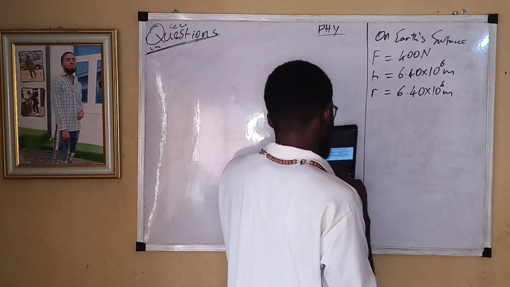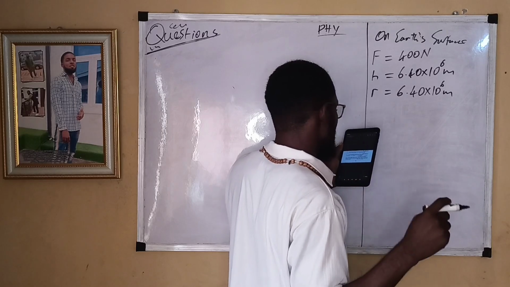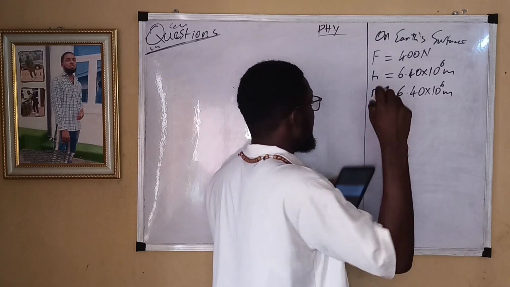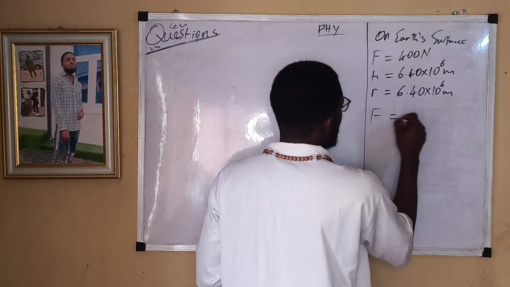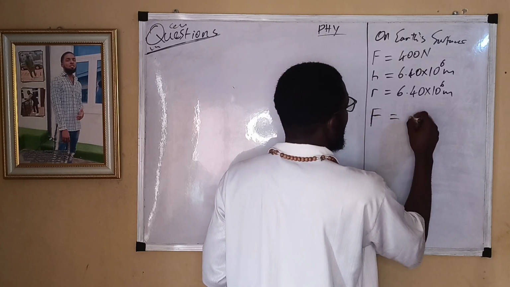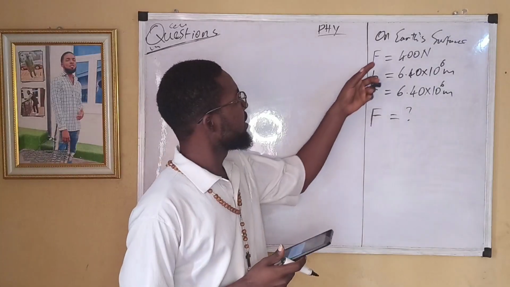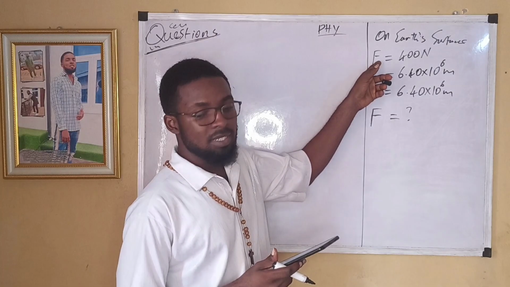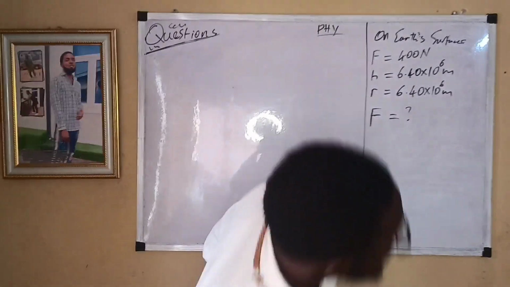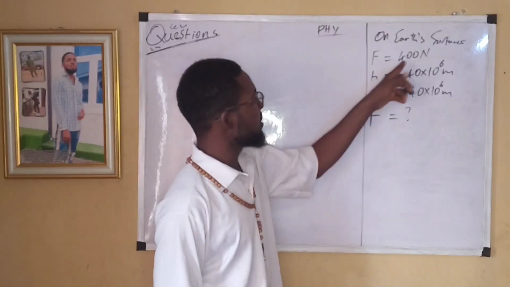Then the question says, what will be the weight of the missile at the altitude? So we are looking for the weight of the missile at the altitude. We are given the weight of the missile on the Earth's surface as 400.